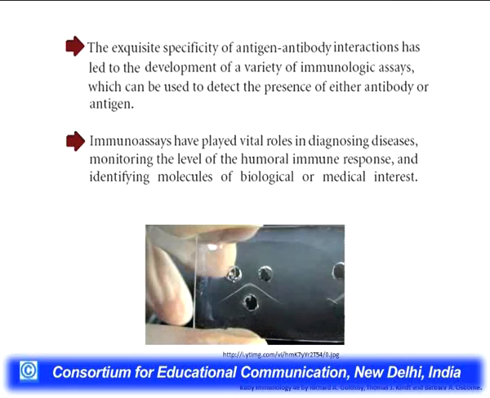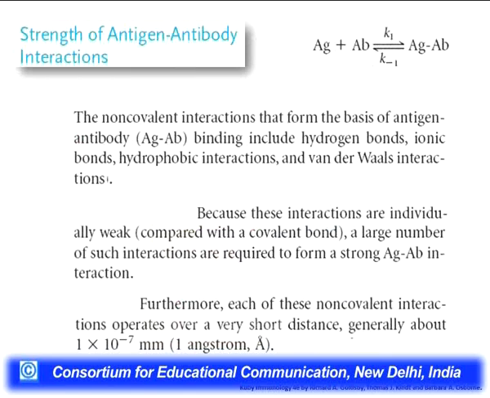All these assays are based on the basic principle of antigen-antibody interaction. Before going into the various immunoassays, let's come to what exactly antigen-antibody interaction is all about. It is basically based on non-covalent interaction.